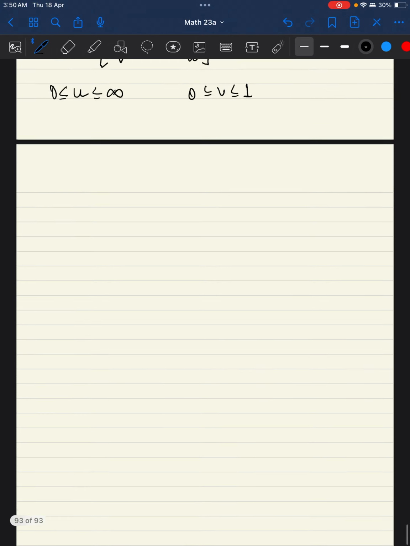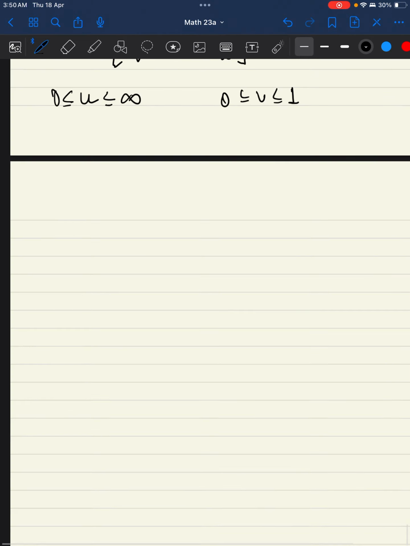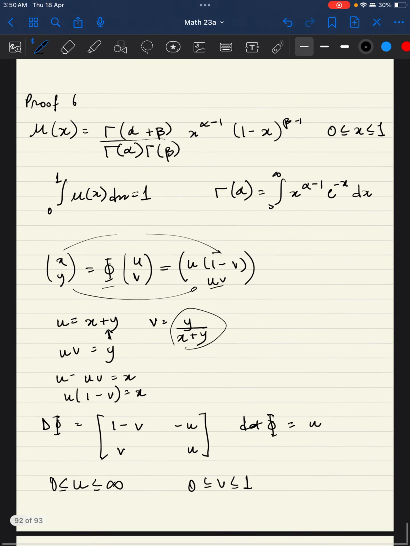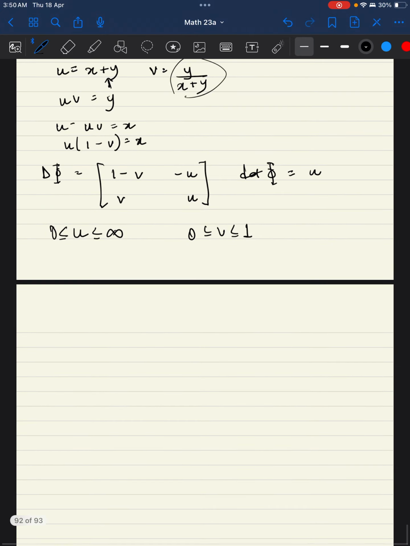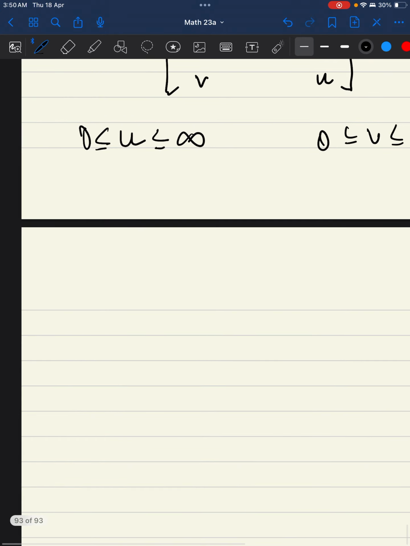Alright, let's go back to what we were trying to integrate, which was the probability density function. I'm going to break that into little bits.